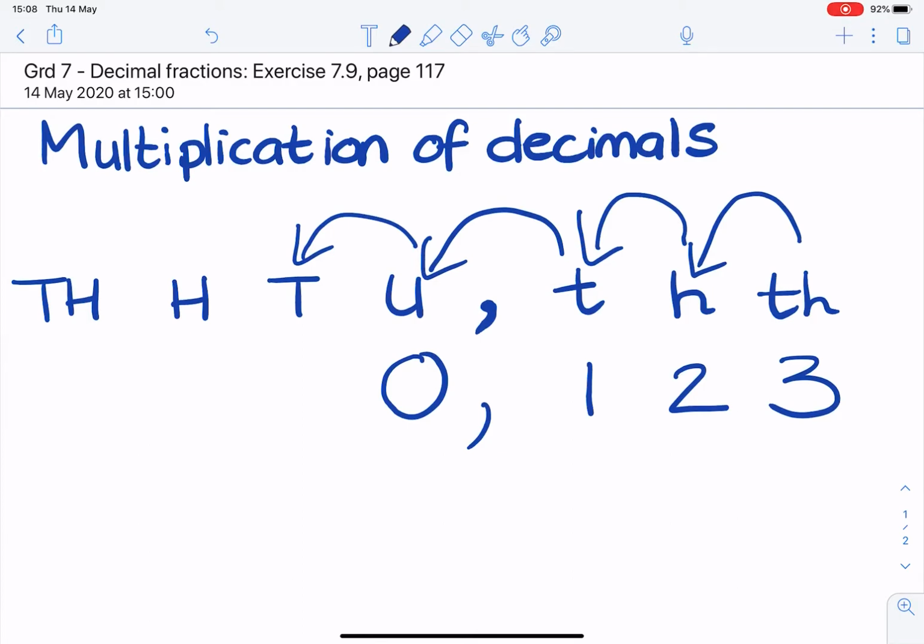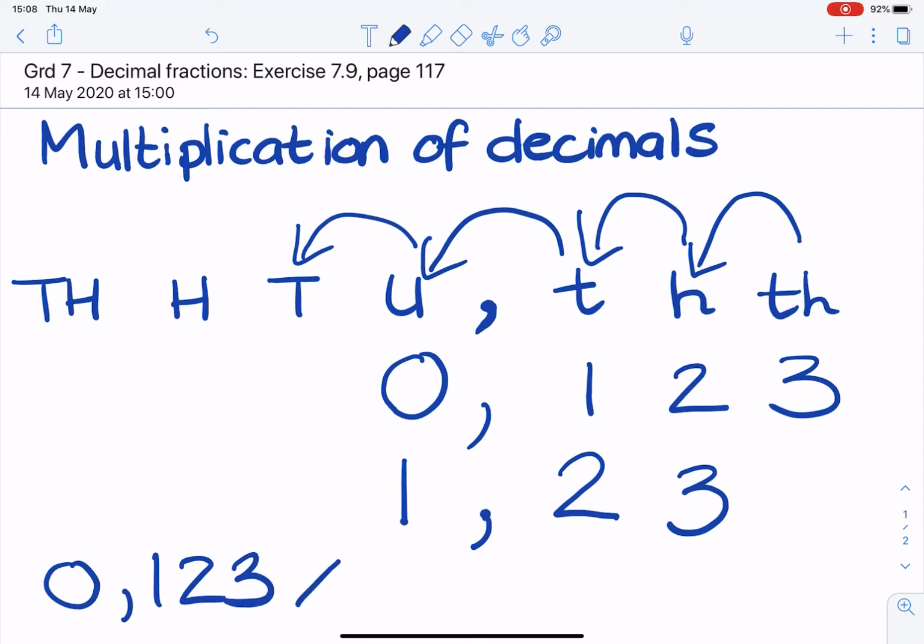So the 3 that is in the thousandths column is going to move into the hundredths column. The 2 into the tenths column. The 1 into the units column. And then the 0 will go here, but that is an unnecessary 0. Don't forget to replace your comma. So 0,123 times by 10 equals 1,23.